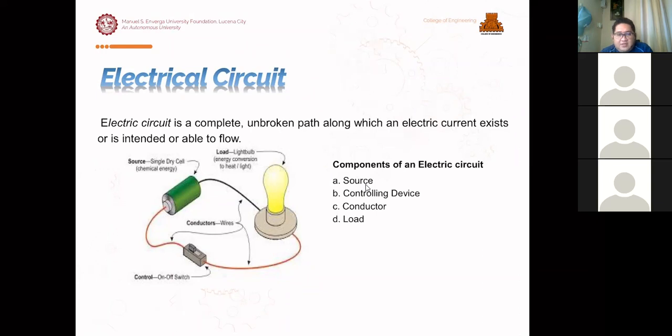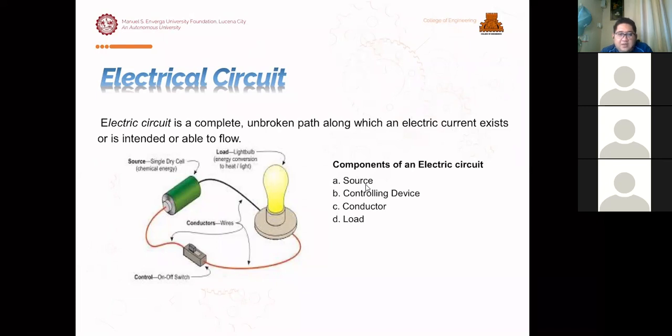The controlling device is what permits or allows the flow. Here, the switch is our controlling device. The conductor is our wires. The material used in the wires are good conductors, so they let the flow of electrons move easily.